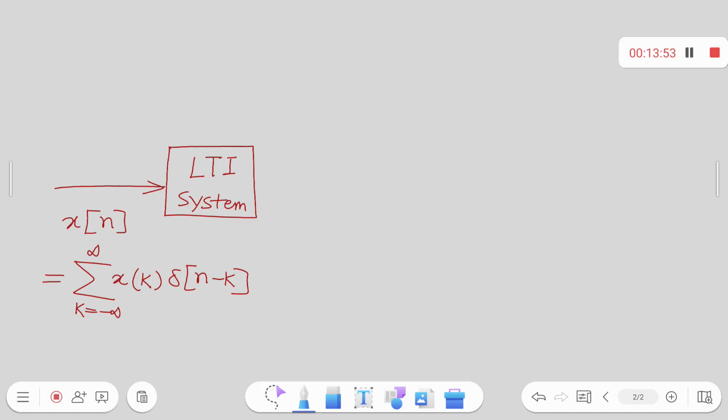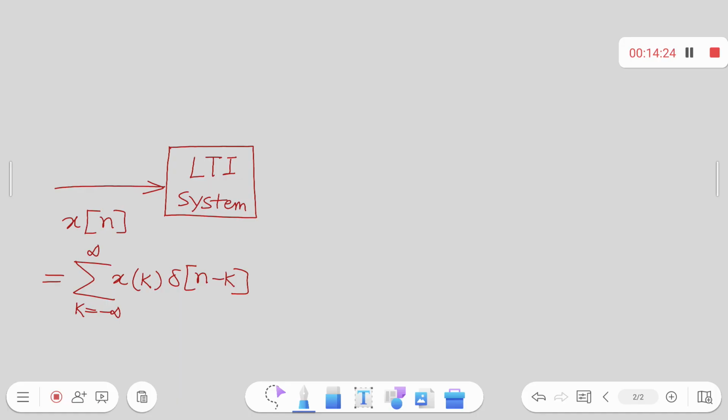Try to understand how I represent x of n and x of k. That is the notation in the language of signals and systems. When you represent the signal as a function of something, it is written in brackets, x of n, and when it is a constant, it is written using parentheses, x of k.